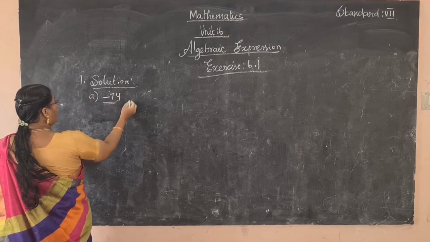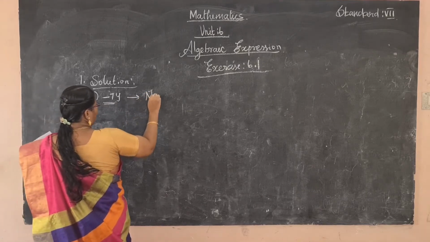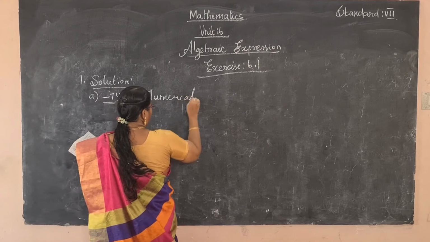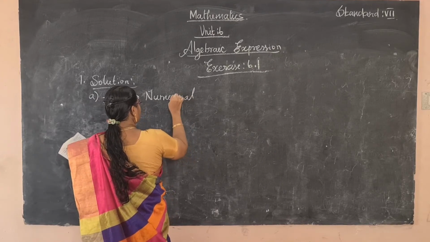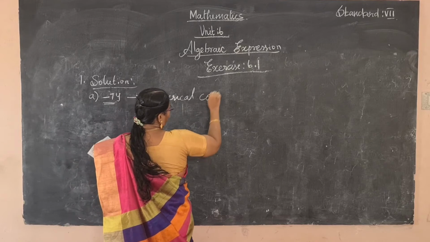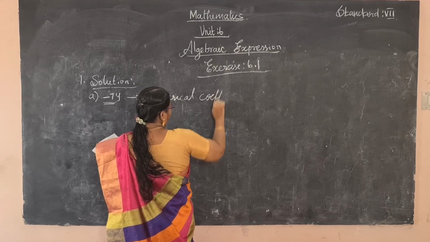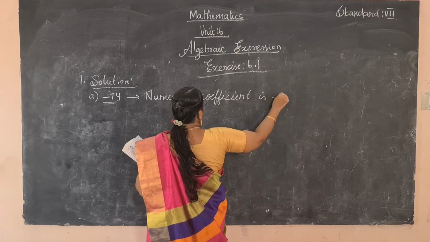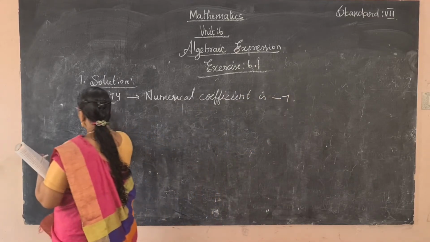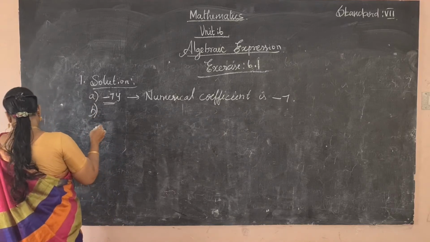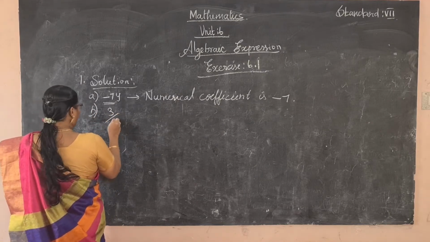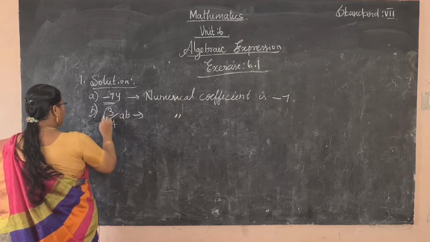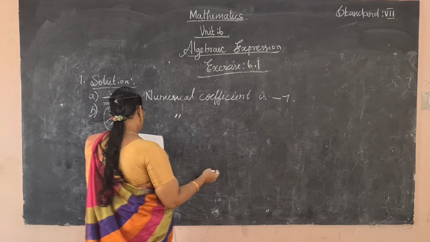So what is the numerical coefficient? It is minus 7. And second one, B, 3 by 4 ab. So the numerical coefficient is 3 by 4.